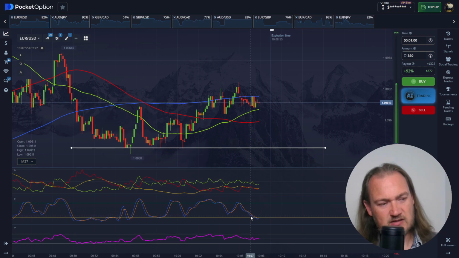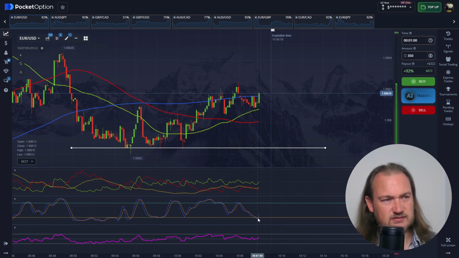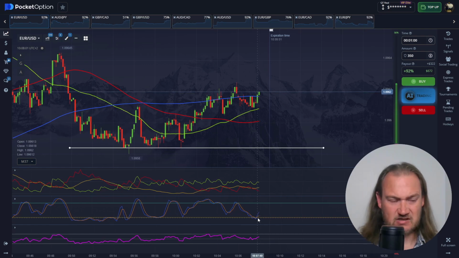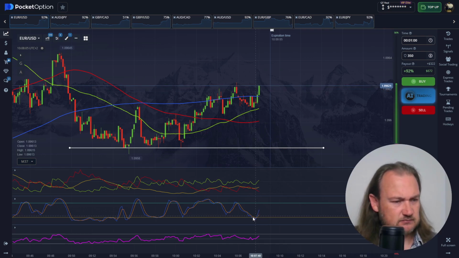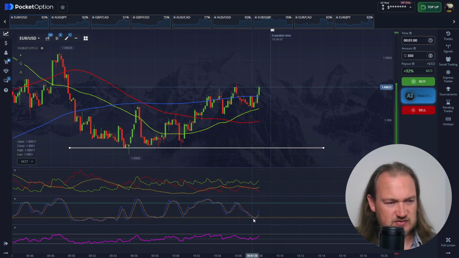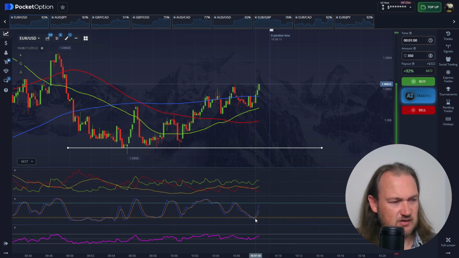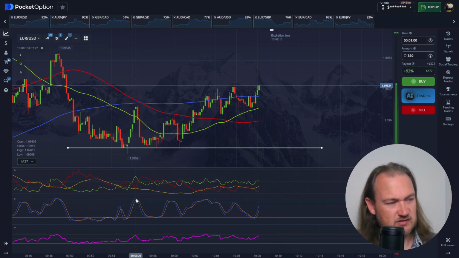The K line here has been way too jittery, so I'm going to skip on this. I really don't like it if it's jumping around like this. I like it to be smooth like it's moving here.